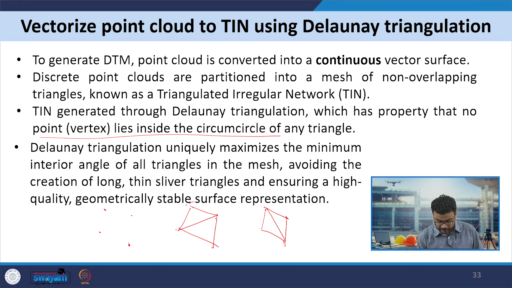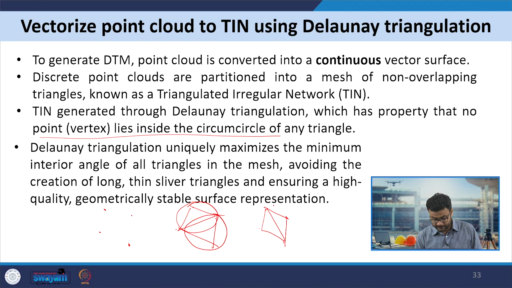If we take the circumcircle of this triangle, it may look like this, and the circumcircle of this triangle may look like this. In this case, the circumcircle does not include any other vertex apart from the three vertices for which that circumcircle is being created.